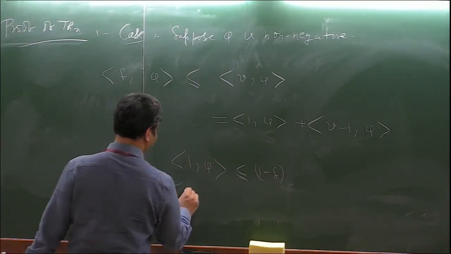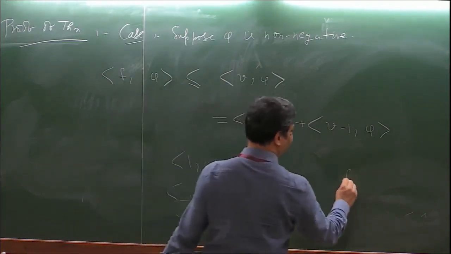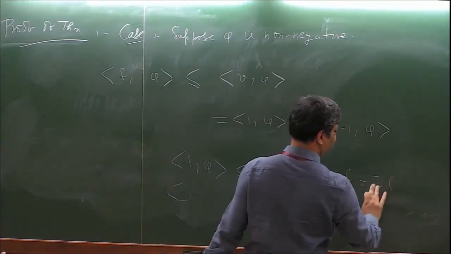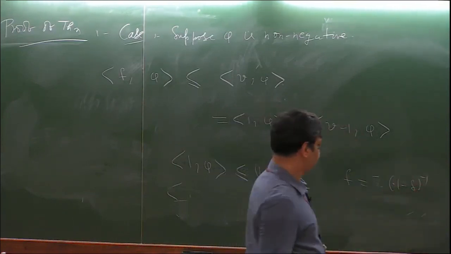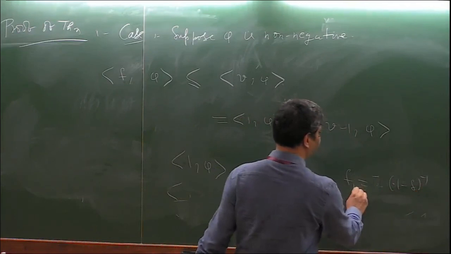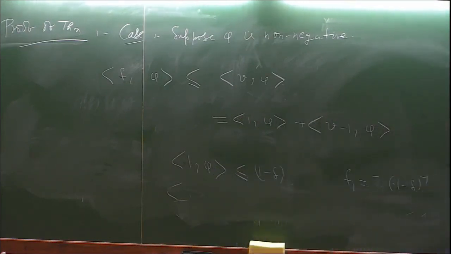Because if I take the function F1 equal to 1 minus delta inverse, the function which takes identically this value, then this is still in K1.